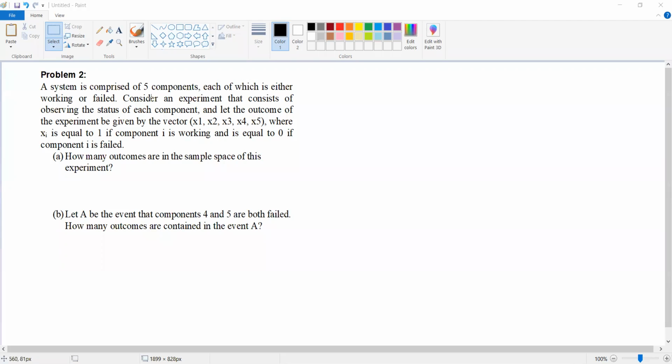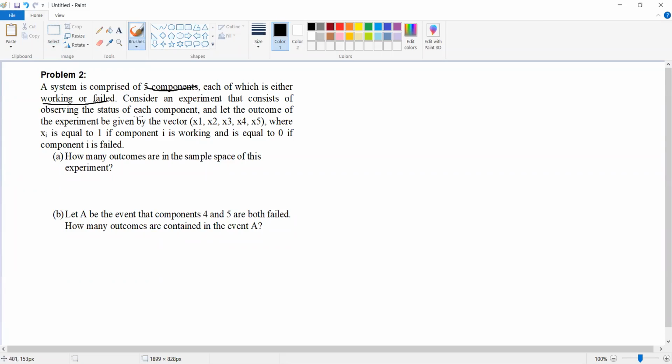So problem 2 is similar to the antennas question that you had in class. Let's start. It says that we have a system which comprises 5 components, which is either working or failed.